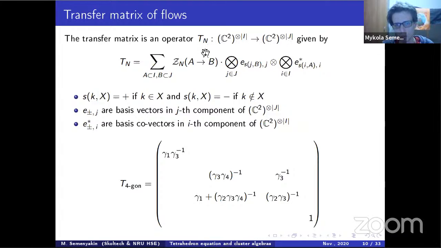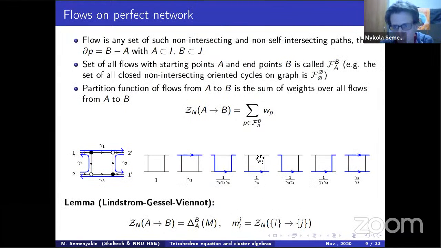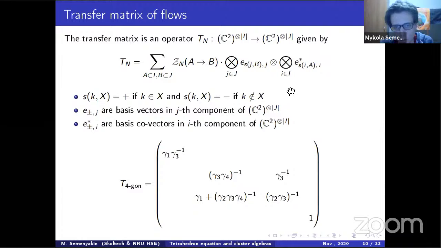If we take one matrix element of this operator, we have to specify some subset of sources and some subset of sinks. In these spaces we take spin up, and in all other spaces we take spin down, and this matrix element is equal to the partition function of flows from A to B. And here all these partition functions are collected into a matrix.